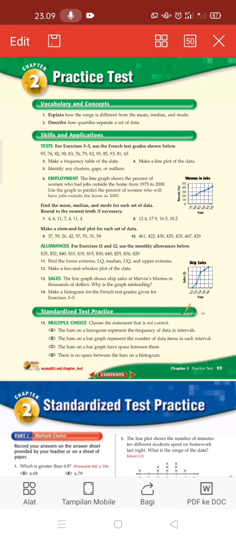Allowances: for exercises 11 and 12, use the monthly allowances below.